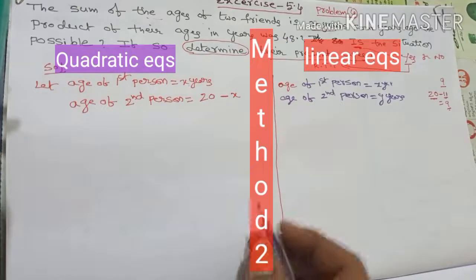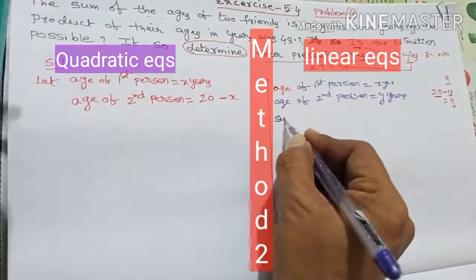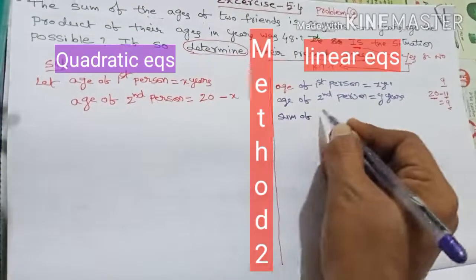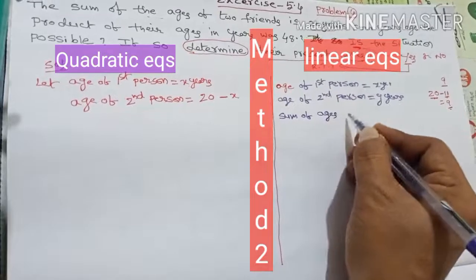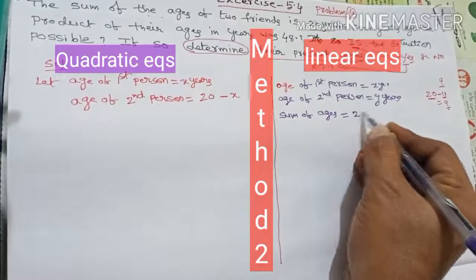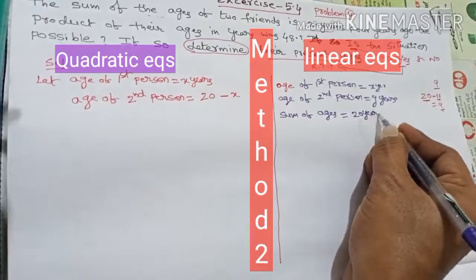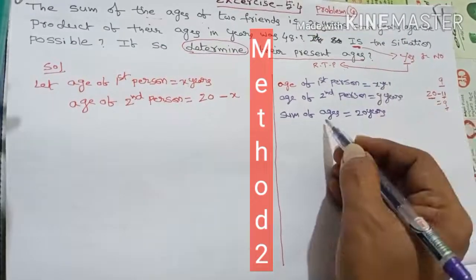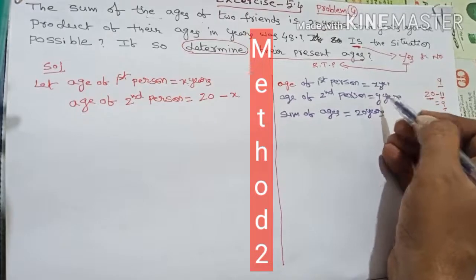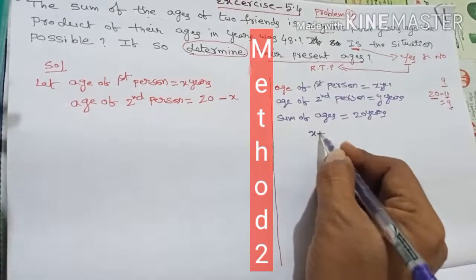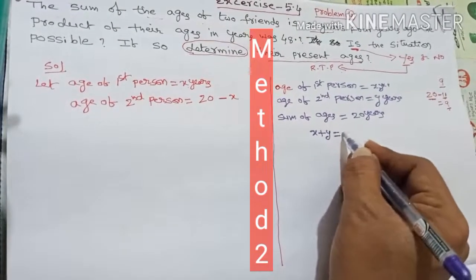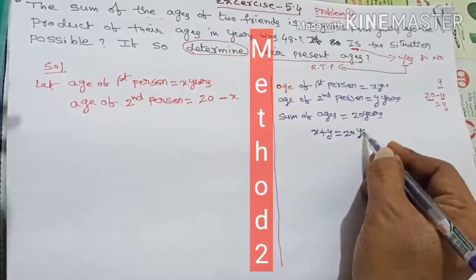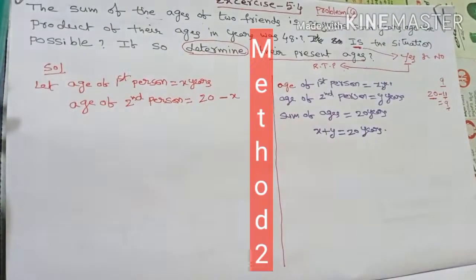Which condition do we have? We have sum of ages. Sum of ages is equal to how much? 20 years, isn't it? Therefore, according to their assumption, what is their sum? It is nothing but x plus y. Therefore, here you get x plus y is equal to 20 years, isn't it?